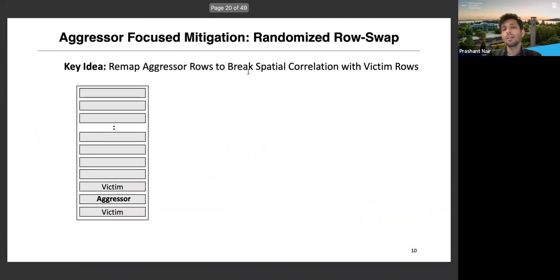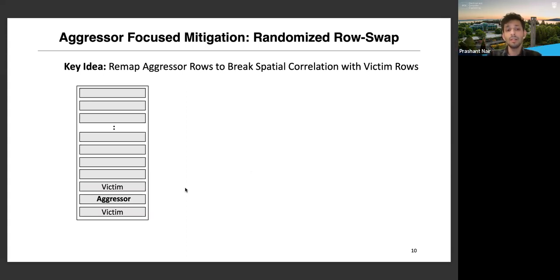To this end, our work proposes randomized RowSwap. The key difference between prior work and our work is that our work is an aggressor-focused mitigation technique. The key idea of our work is to remap aggressor rows and break the spatial correlation between the aggressor and their victim neighbors.